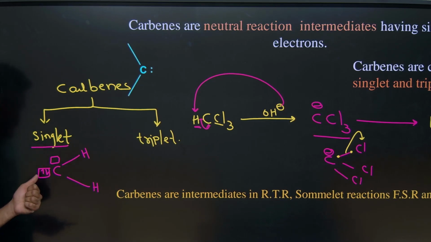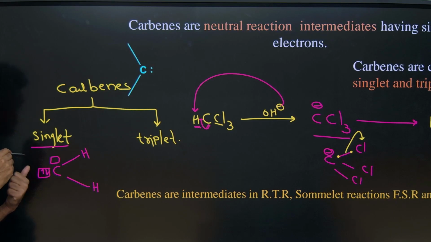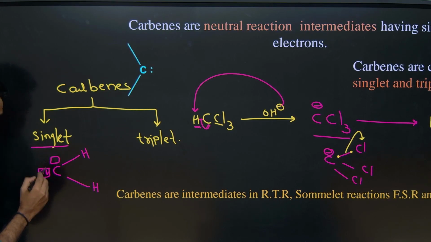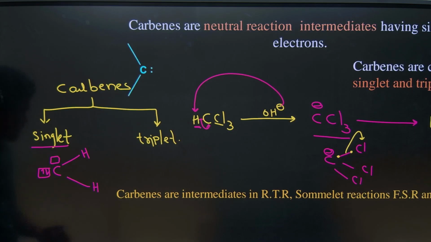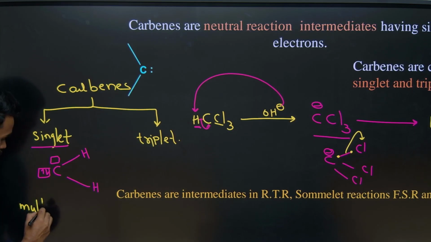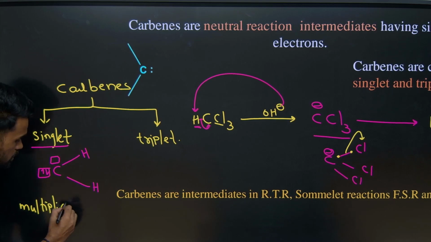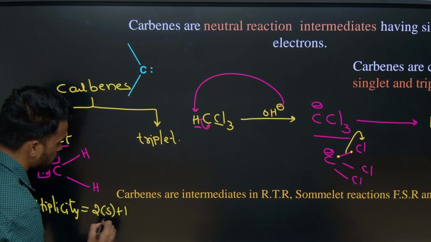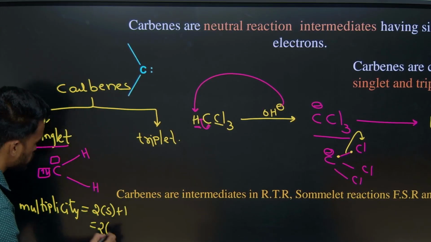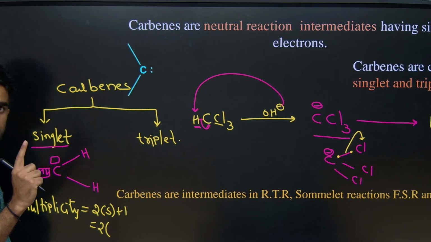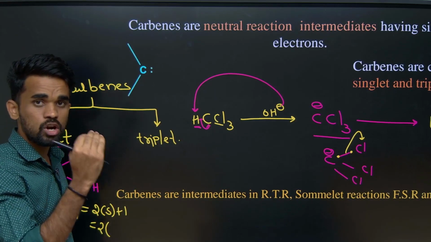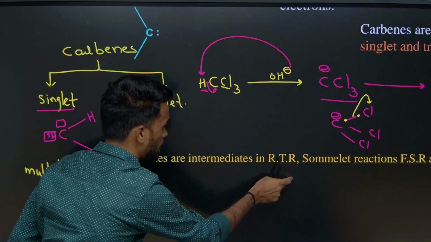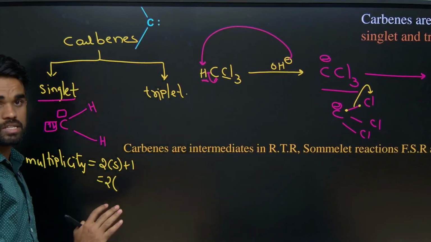If the 2 electrons are in only one orbital with opposite spin, we say this is singlet. Why is it singlet? What is the spin multiplicity? To calculate the multiplicity, we have a formula: multiplicity is 2S plus 1. Each electron has a spin of half; if clockwise, let us consider plus half, and if anticlockwise, minus half.